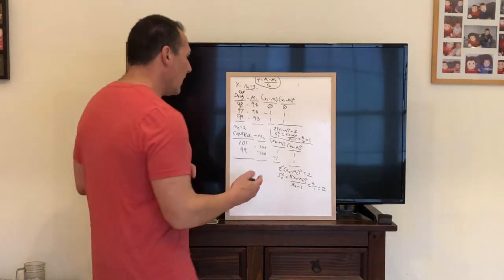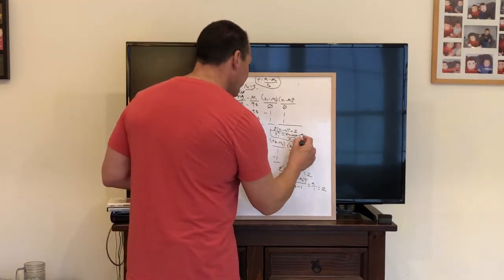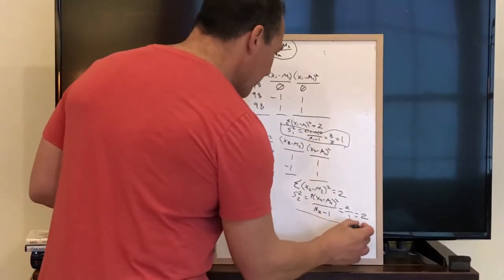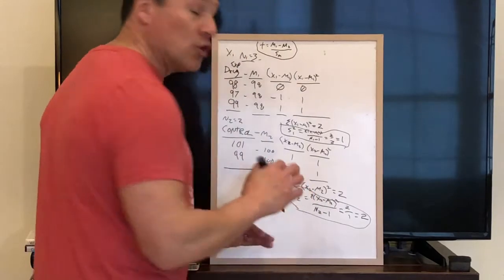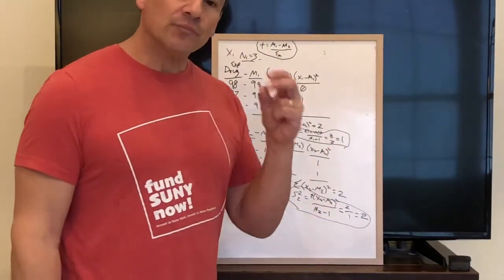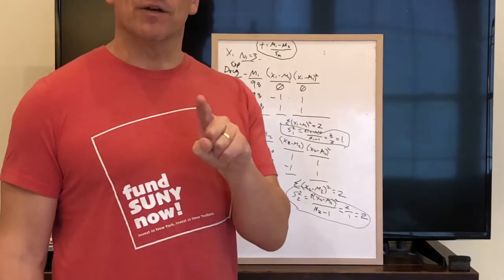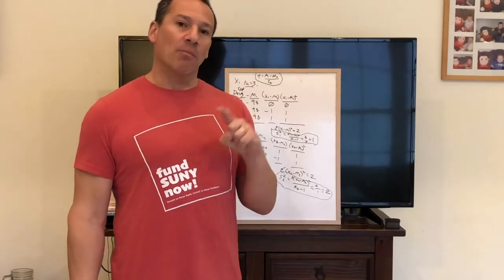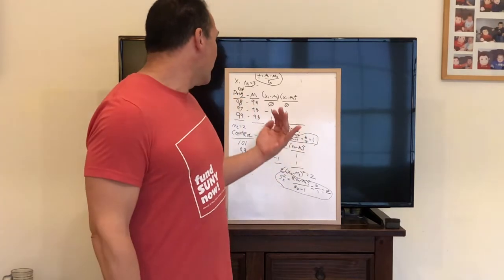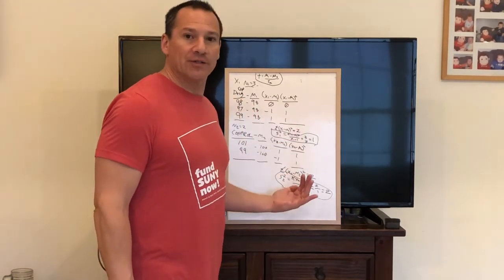Therefore, s squared sub 1, which equals 1, and s squared sub 2, which totally by chance equals 2, are both estimates of the same thing. They are both estimates of what we call the pooled population variance.